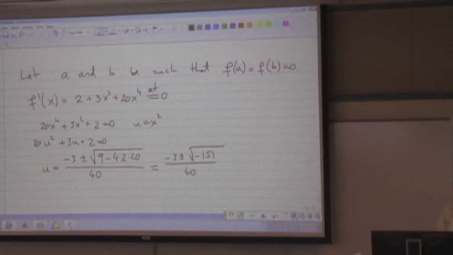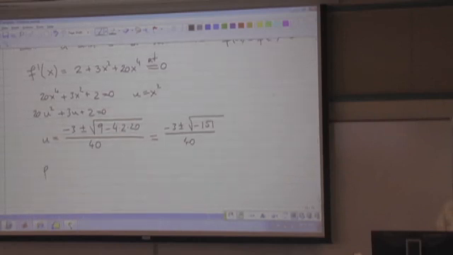What does that tell us? F prime of x is never 0. Right? And so what is that telling us as far as a conclusion?